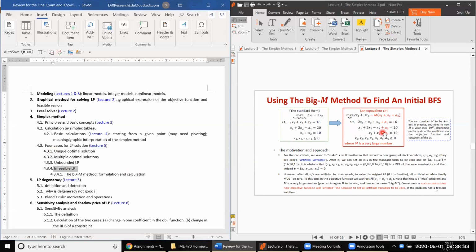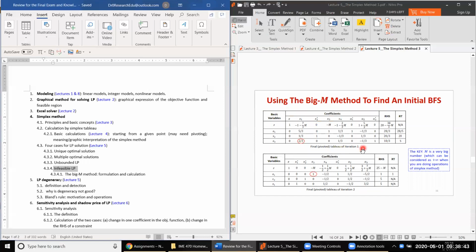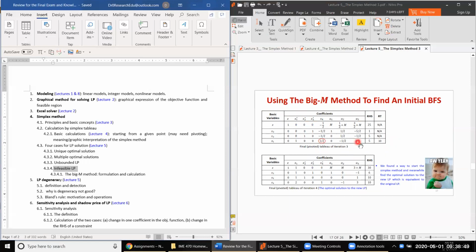What is the purpose of the Big M method? To find a starting point and meanwhile solve the problem. If you cannot find a starting point, in other words, if finally one artificial variable is non-zero, then your LP is infeasible.